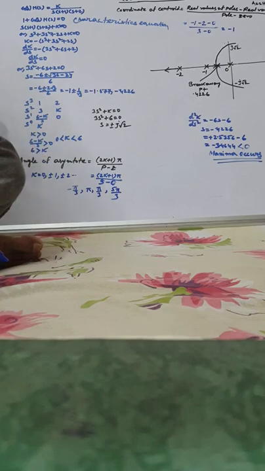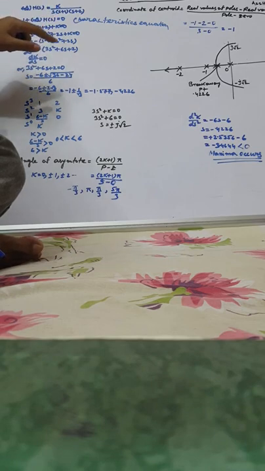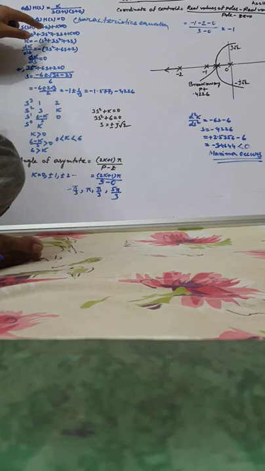Now let's get started. s(s plus 1)(s plus 2) plus K equal to 0. So s cube plus 3s square plus 2s plus K is equal to 0.